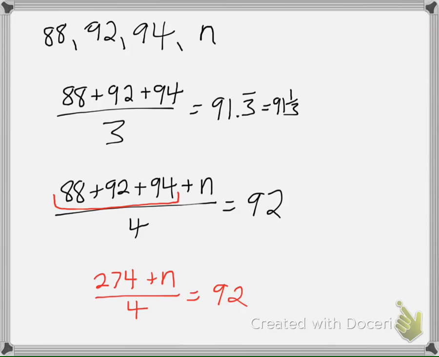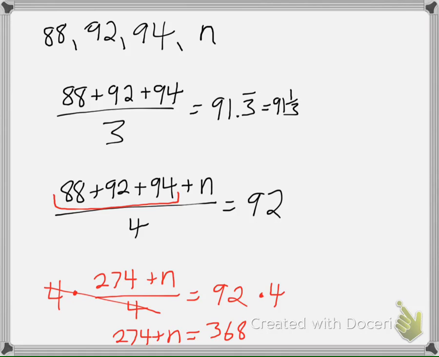So I'm going to get rid of the division by 4, so I'm going to multiply by 4 and multiply by 4. Because if this divided by 4 is this, then that would be 4 times whatever that is, right? So I'm just going to multiply by 4. So I'll get 274 plus n equals 92 times 4, which is 368.